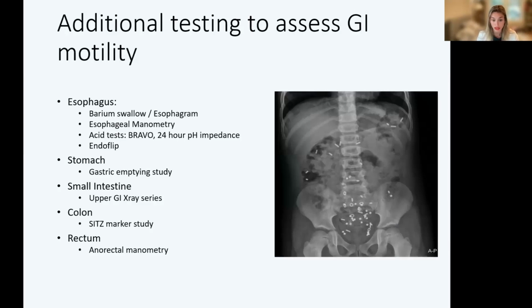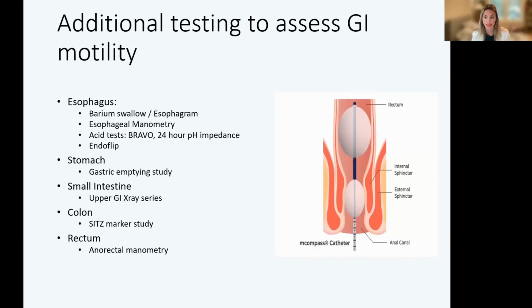And colon motility can be tested through things like SITZ markers, where a patient swallows a small pill containing a number of markers, and they have serial X-rays done over the next several days to see how these markers move through their GI tract. Likewise, we can test the motility of the anorectal region by using a catheter with balloon measurements to test pressure, strength, coordination, and sensitivity, called an anorectal manometry.